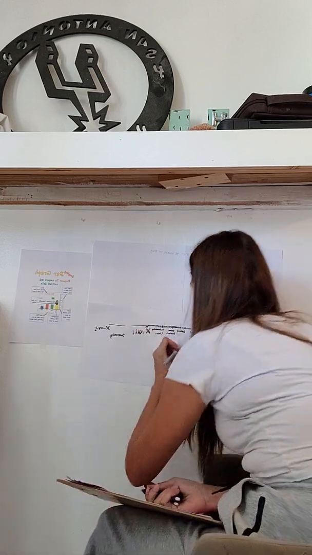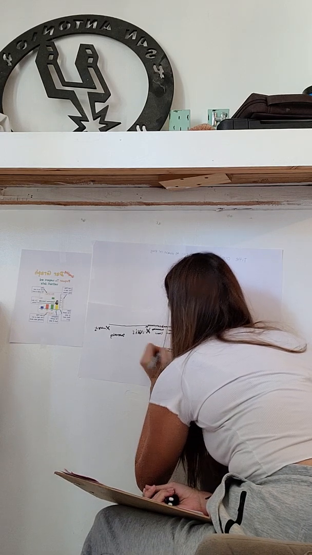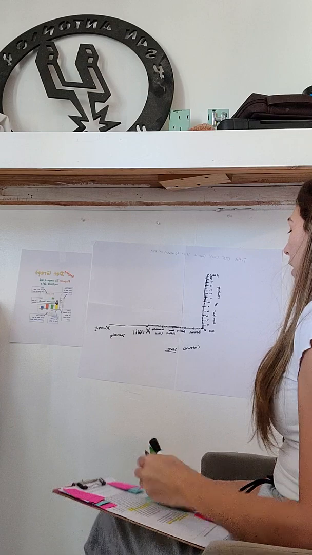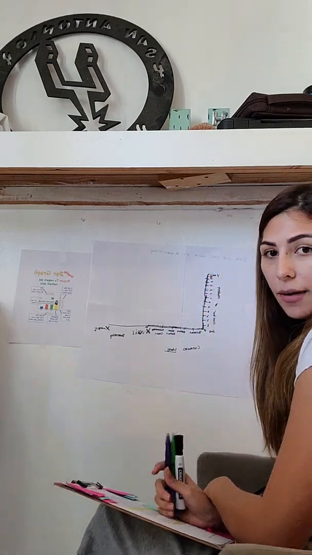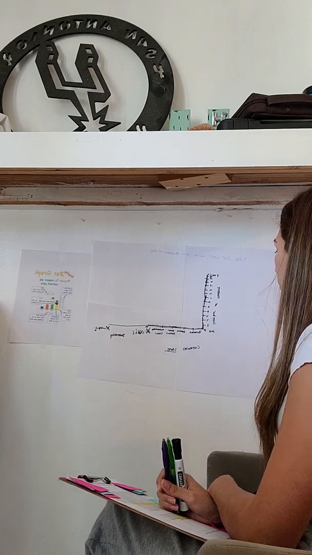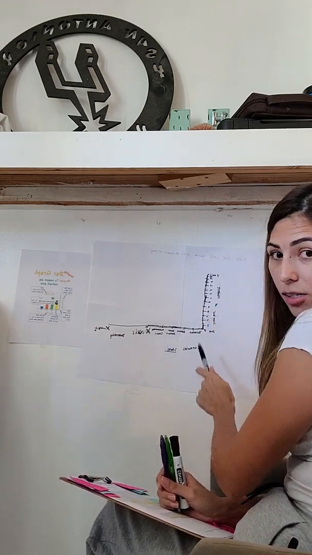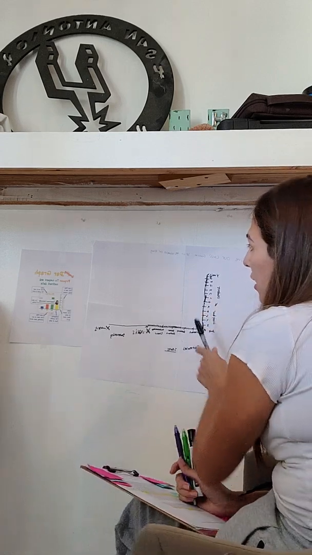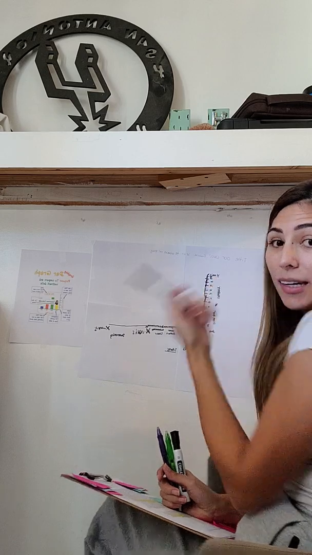So for category, we will put sports. And then for our y-axis, what do you think we would need for that? Right, we would need number of students. So for our y-axis, the title is number of students, and that will tell us what is being counted.